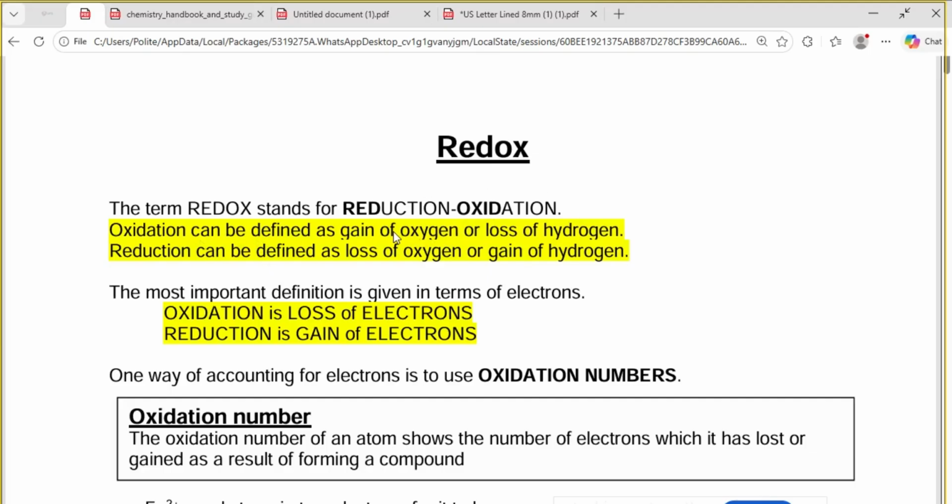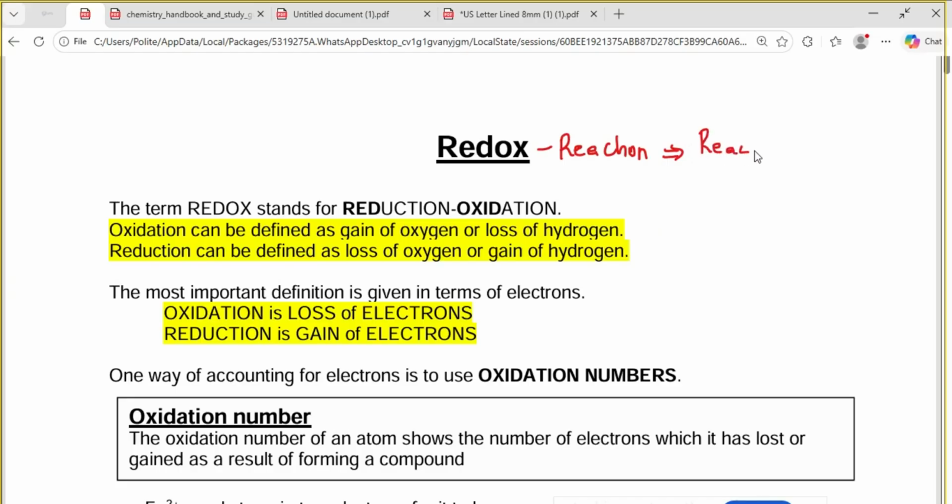Oxidation can be identified as gain of oxygen or loss of hydrogen, but I'm just gonna put it in simple terms. When I talk about the redox reaction, this has to do with a reaction involving transfer of electrons.